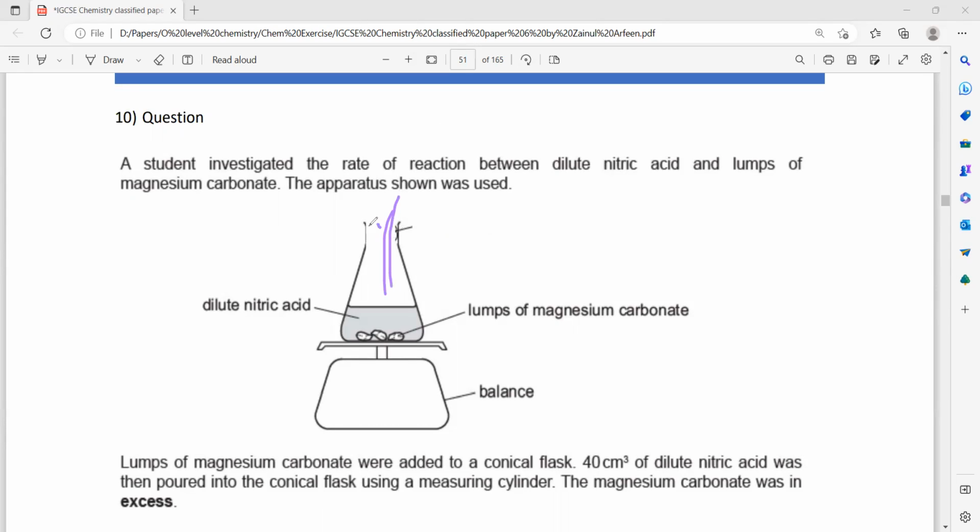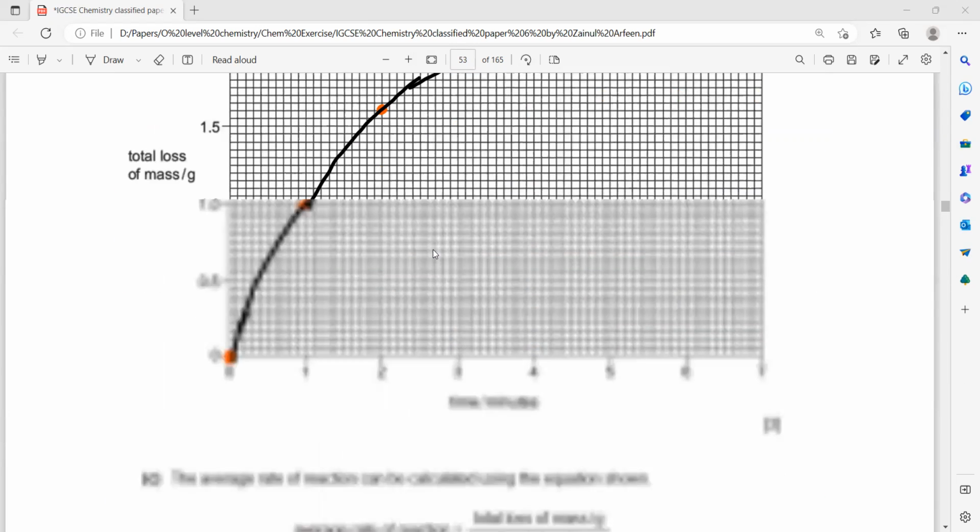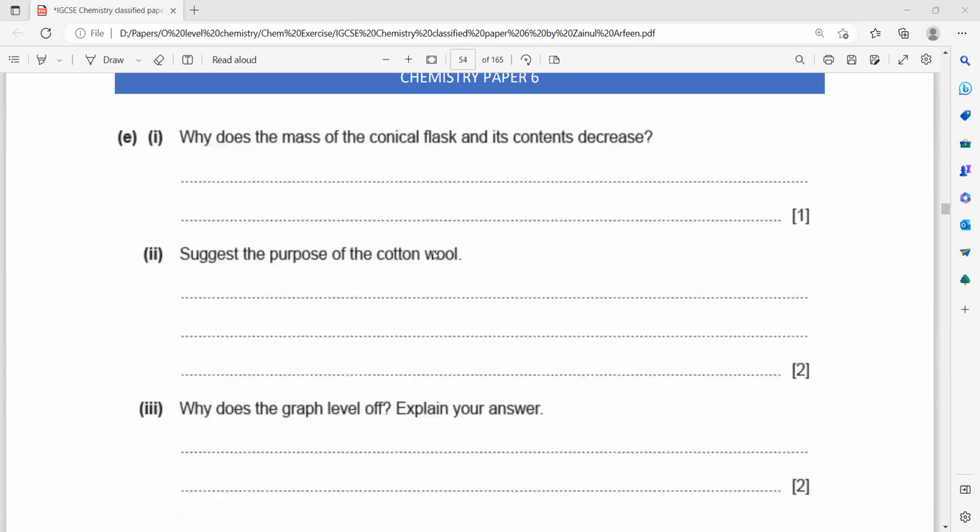The main purpose of the cotton wool is to prevent acid spray, preventing the contents of the flask from escaping, so that the acid cannot escape from the reaction mixture. Otherwise, the change in mass will be much greater. So don't say it allows the gas to escape.